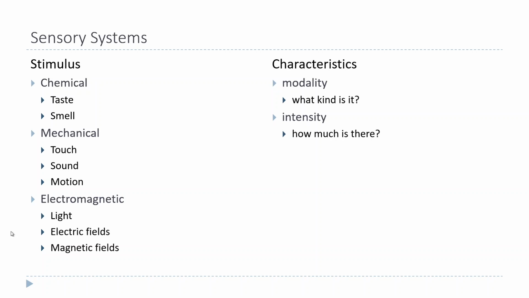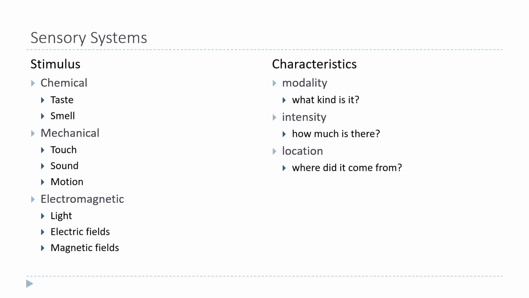With mechanical stimuli, usually you're talking about the amount of force being applied to the sensory receptor. And then with light, you're talking about the brightness of the light. So in each case, the sensory system has to be able to determine what the intensity of the stimulus is.